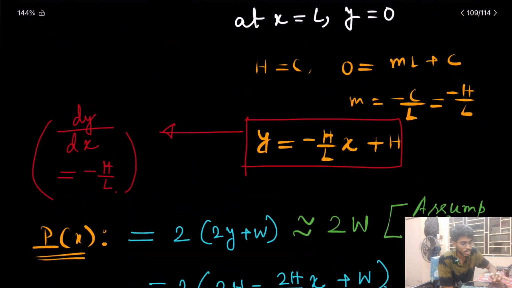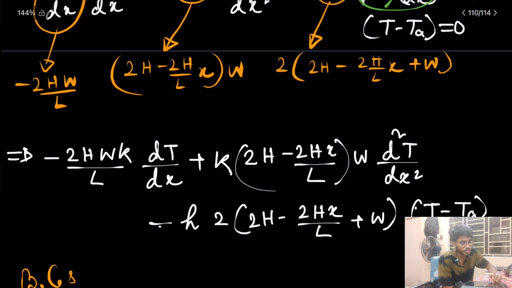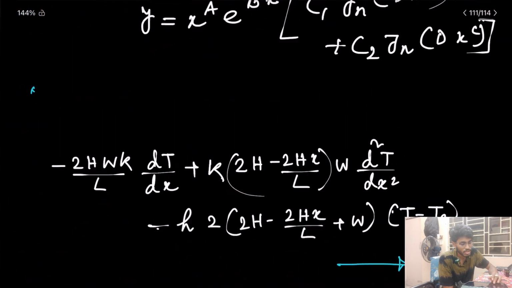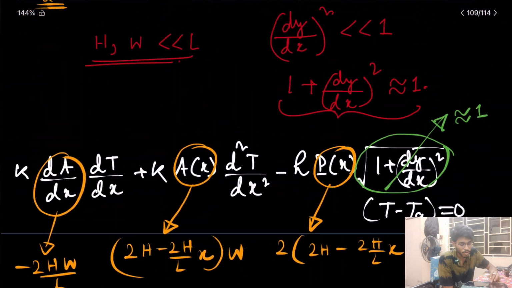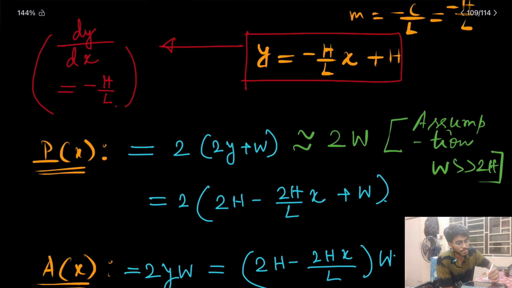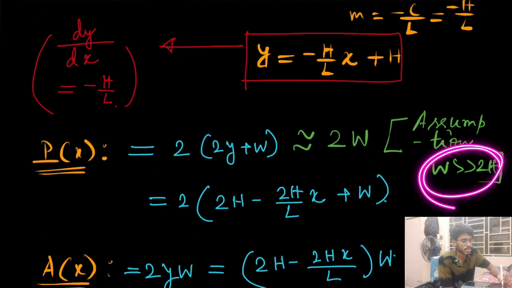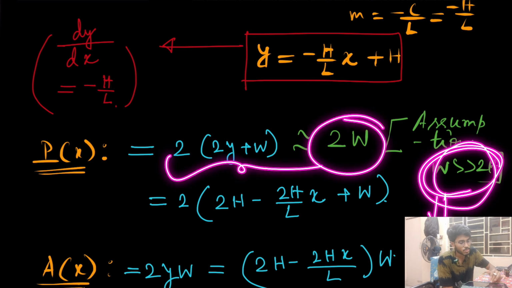So where were those functions? If my W here is much greater than 2h, that means easily W is much greater than any 2y. So this becomes only 2W.